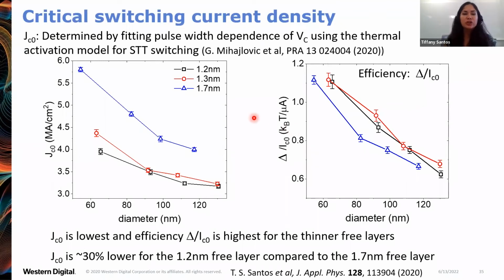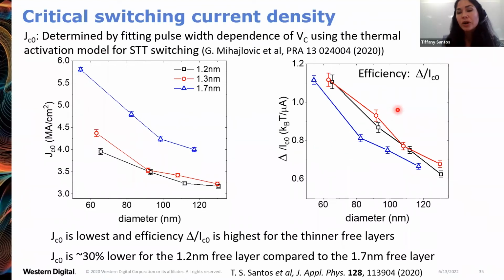For critical switching current density JC0, this is determined by fitting pulse width dependence of the critical voltage using a thermal activation model for spin transfer torque switching. So we find here that the critical switching current density is significantly lower for the thinner free layers, like by 30% compared to the 17 angstrom thickest free layer of our ladder here.